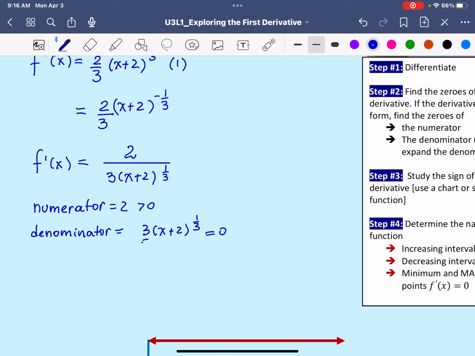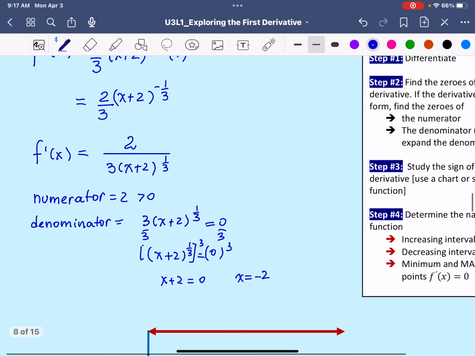If we divide both sides by 3, we get (x plus 2) to the power of 1 over 3 equals 0. Bring both sides of the equation to the power of 3 so that we can eliminate the power of 1 over 3. That gives x plus 2 equals 0, which tells us that x equals negative 2 is the zero of the denominator in the derivative.